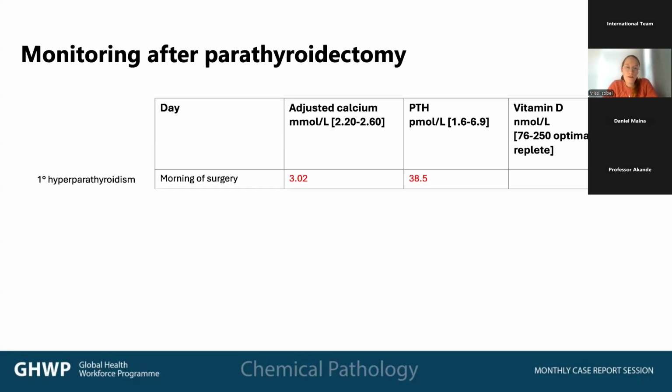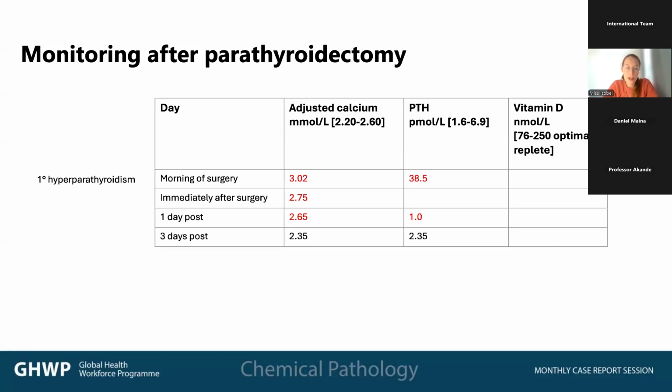So I've put here what the patient's calcium and PTH were on the day of the surgery. On the day of the surgery, you can see that cinacalcet has reduced the calcium a little bit, but not that much. He still has a very high PTH level of 38.5 and a high calcium level of 3.02.